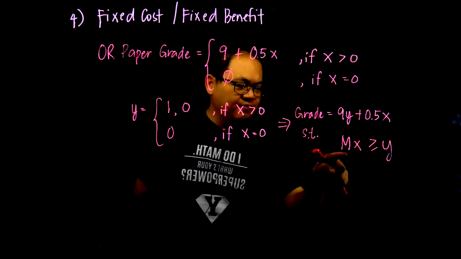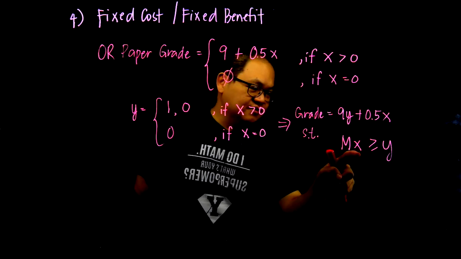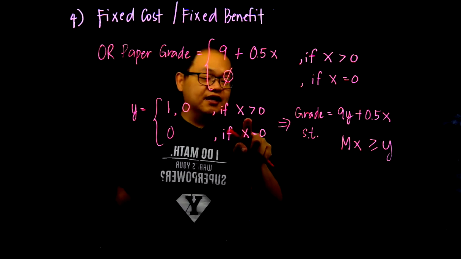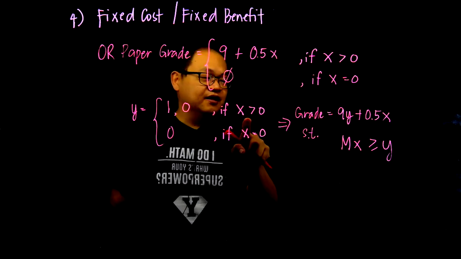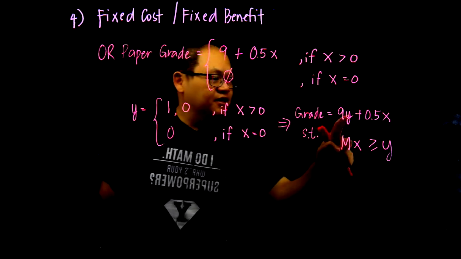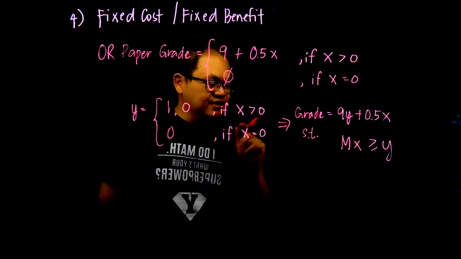What is M? As always, it is our very big number, and x is the variable x, which represents the number of pages submitted, and y is the binary variable that will control the bonus.